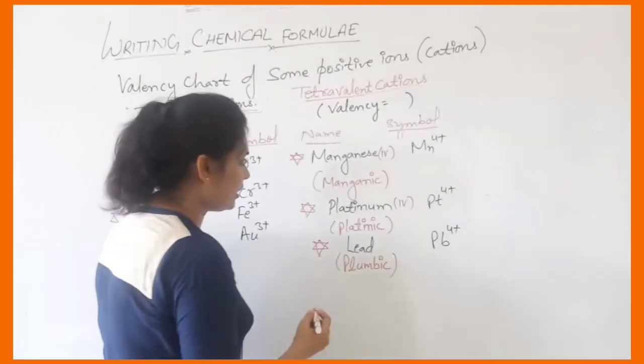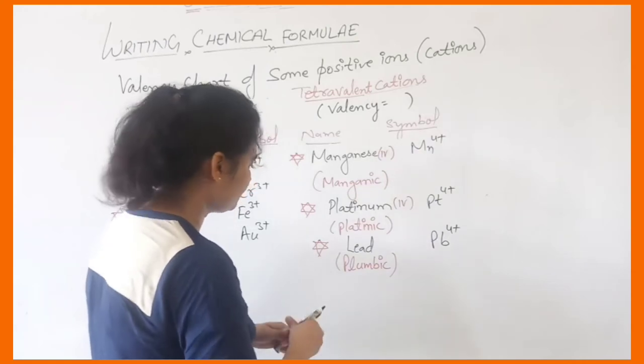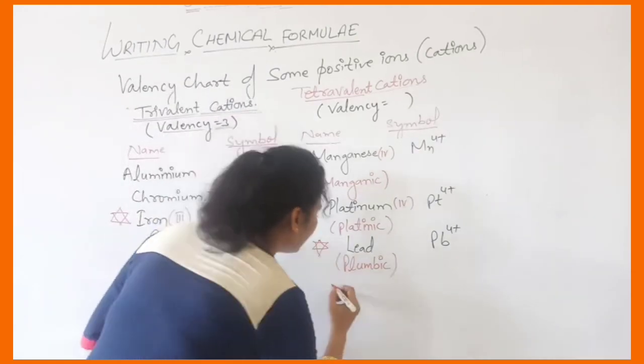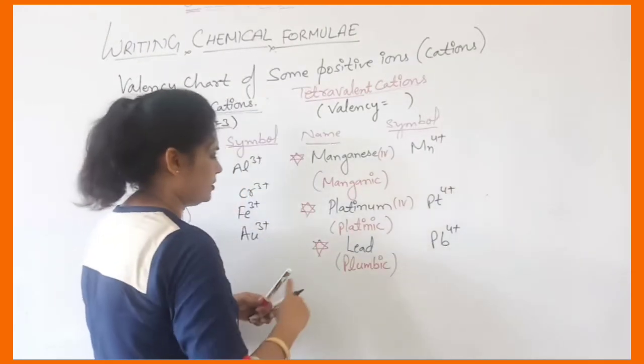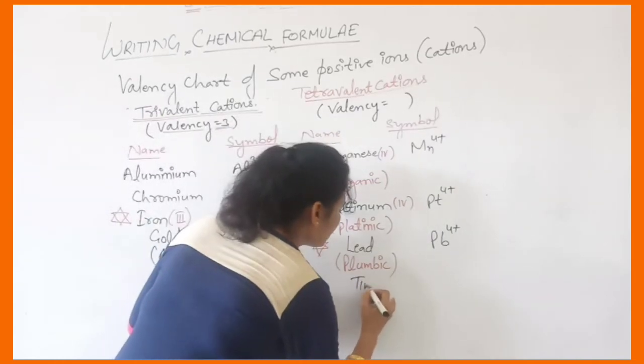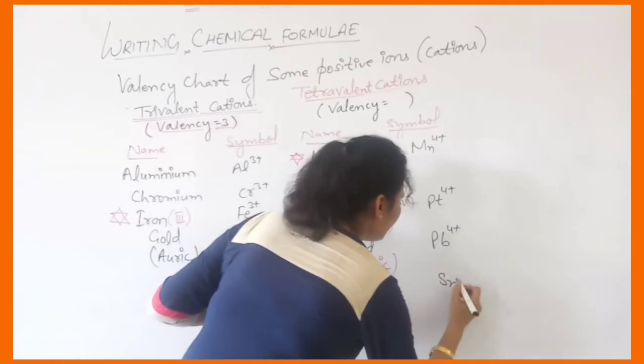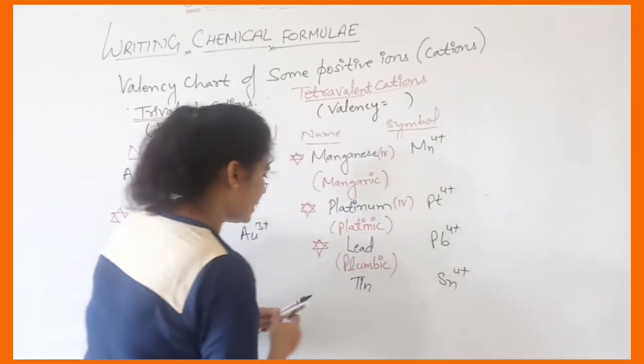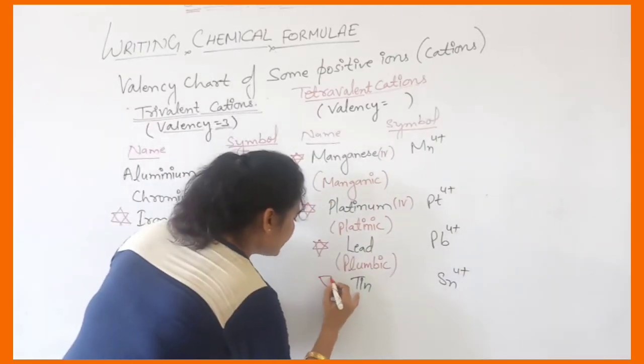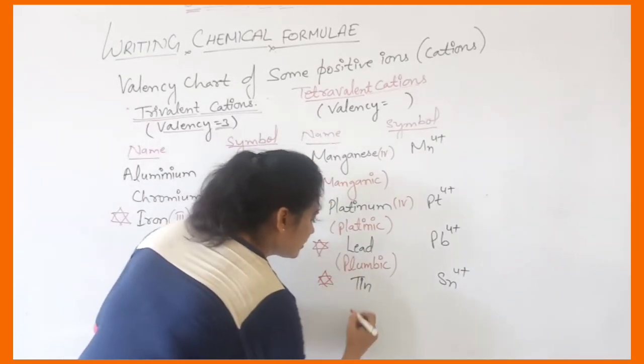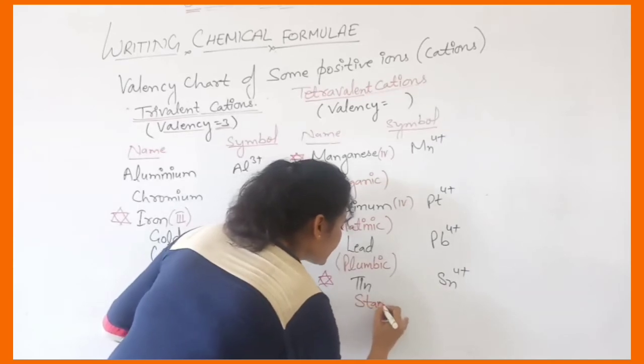Now next is tin. We can take the next example of tin, Sn4 positive, and we will make the star here, and name is stannic.